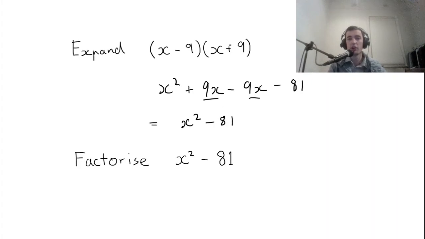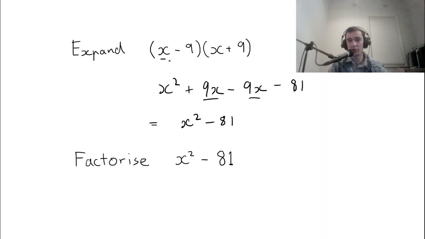And you'll notice there's a pattern here. If you have the same thing in the first two places in the brackets, and the same thing in the last two places, but one of them is negative, then eventually, when you expand it, you get the first term squared minus the last term squared.